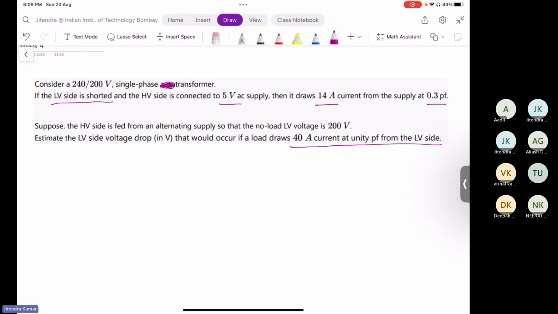Now in the short circuit test, how did we compute the circuit parameters? So we have HV side voltage, HV side current, HV side power factor. So first we can compute power: 5 into 14 into 0.3. Just VI cos phi, right?